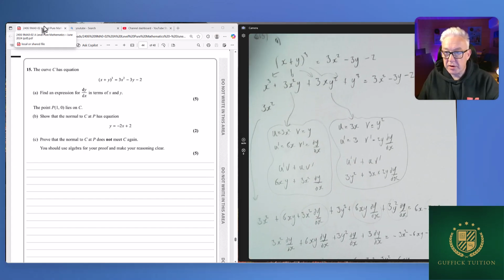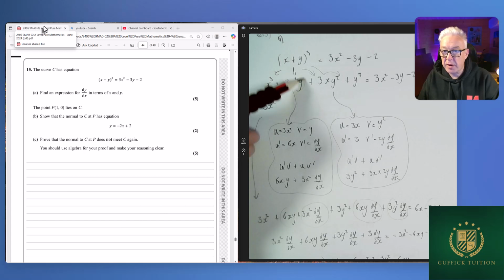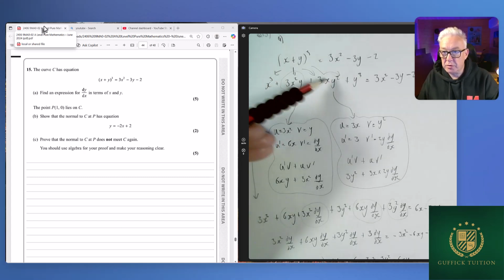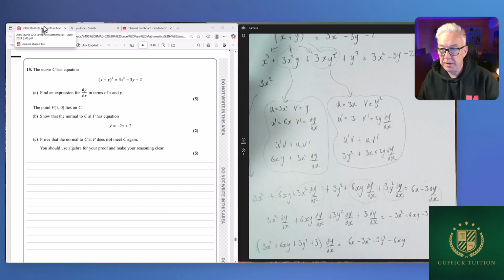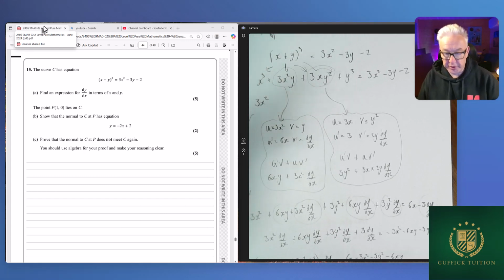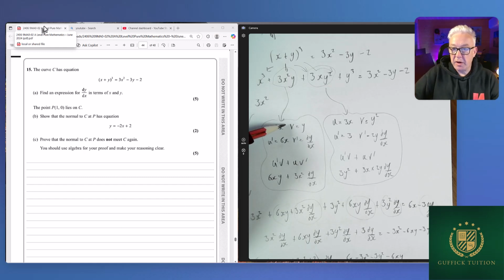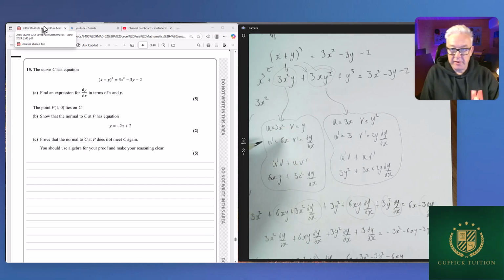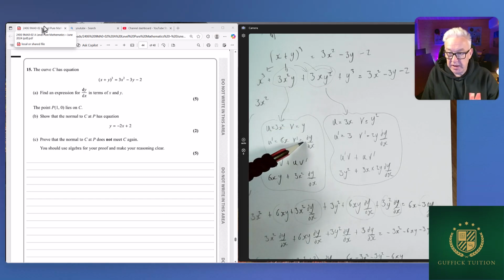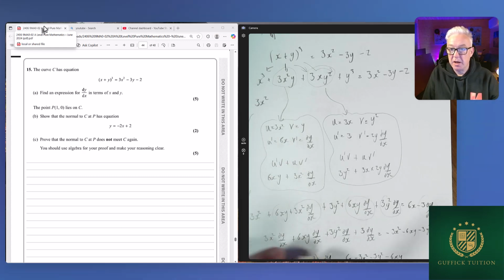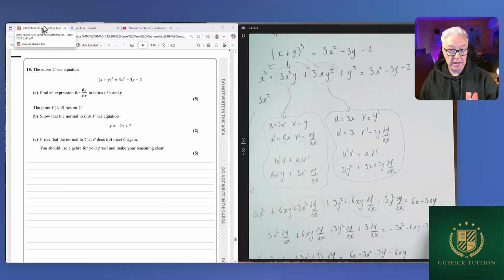Okay, so we've now got to differentiate 3x squared y. That's going to be the product rule, and we've got to differentiate 3xy squared, also going to be the product rule. So in these two thought bubbles, I've done the product rule. My u is equal to 3x squared, my v is equal to y. So my u dashed is 6x, and my v dashed is going to be dy by dx, because we're differentiating implicitly.